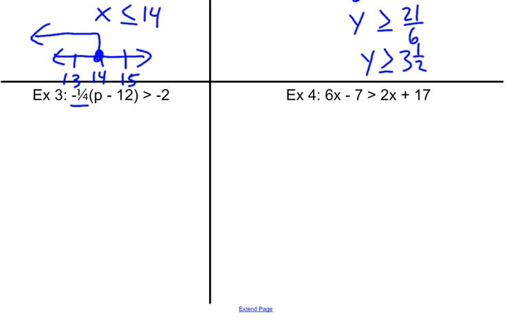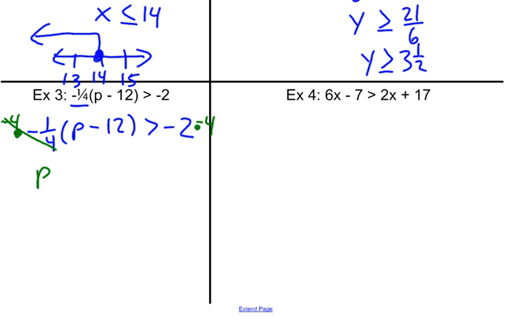An easier way is to multiply both sides by negative 4. Because negative 4 times negative 1/4, if you multiply the reciprocal, it's going to cancel and become 1. So let's multiply both sides by negative 4.